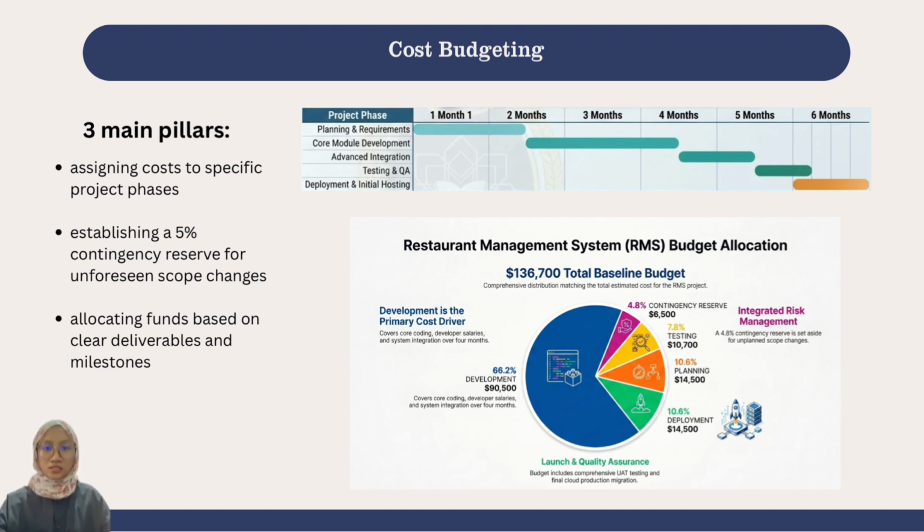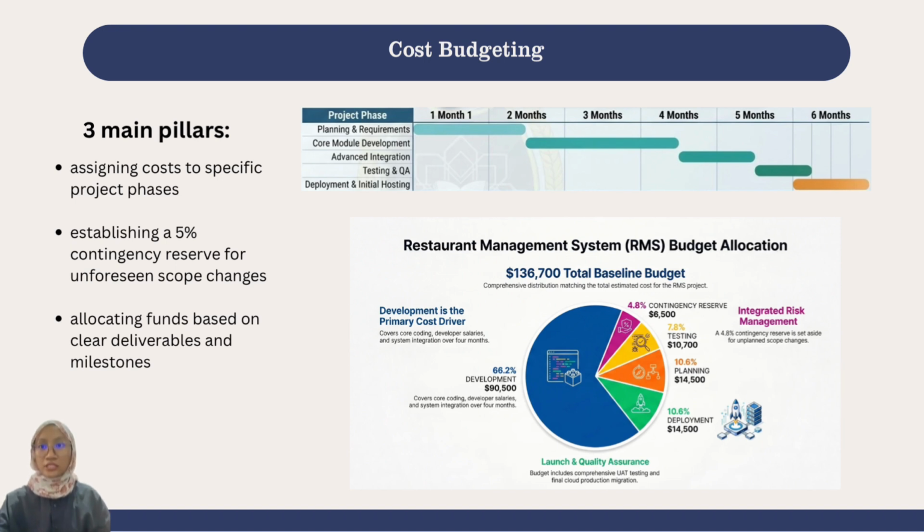To manage this accurately, we have broken the project into 5 operational stages. The first one is planning and requirements. This involves stakeholder workshops and drafting the business requirement document. Second, core model development. This covers our database infrastructure and basic POS billing logic. The third one is advanced integration.